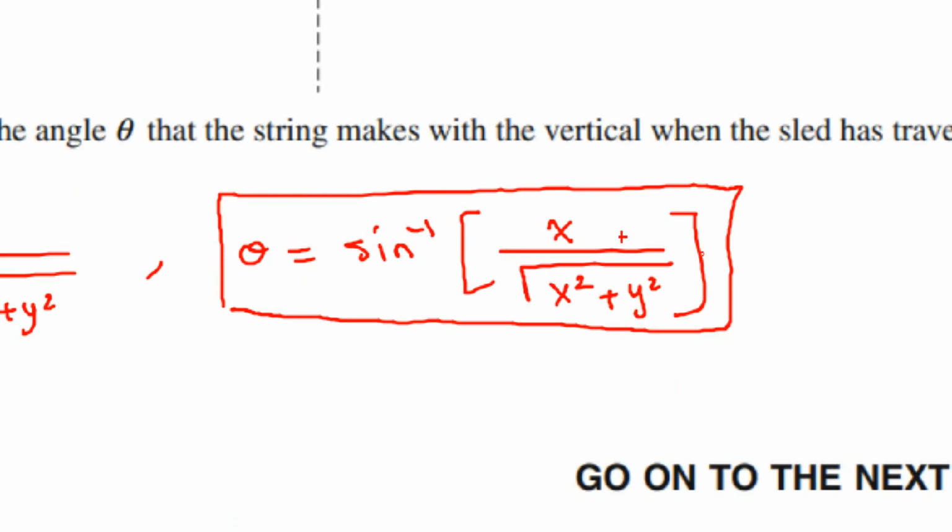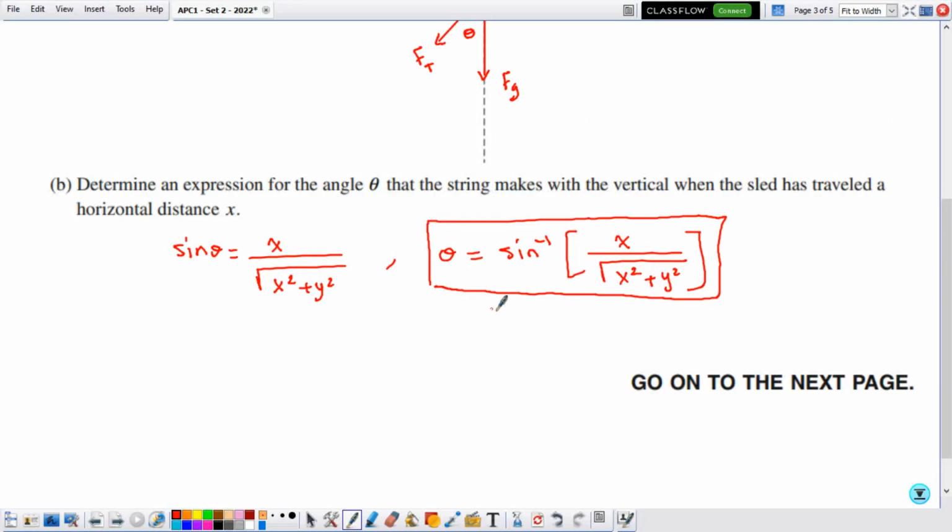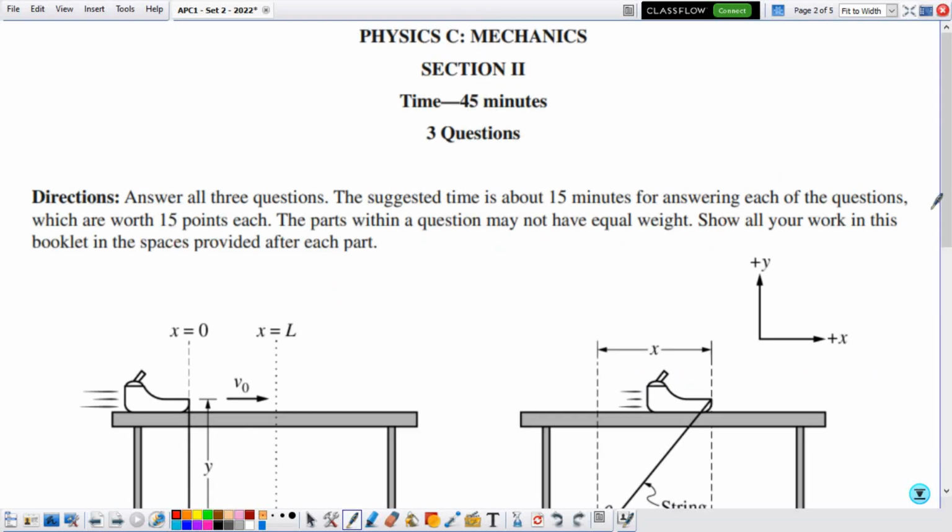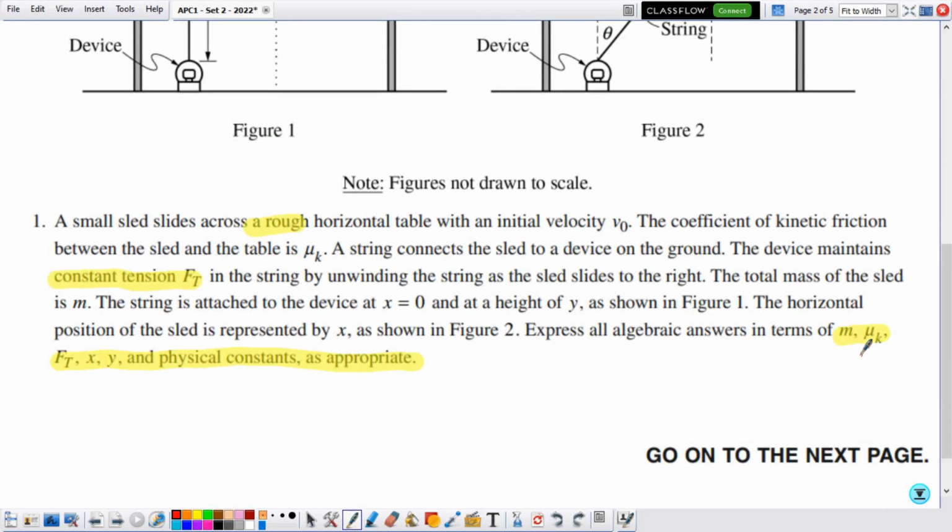Now it has been expressed in terms of x and y. Sine is just a function. Then indeed we have satisfied this condition in which the answers are expressed in terms of x and y.